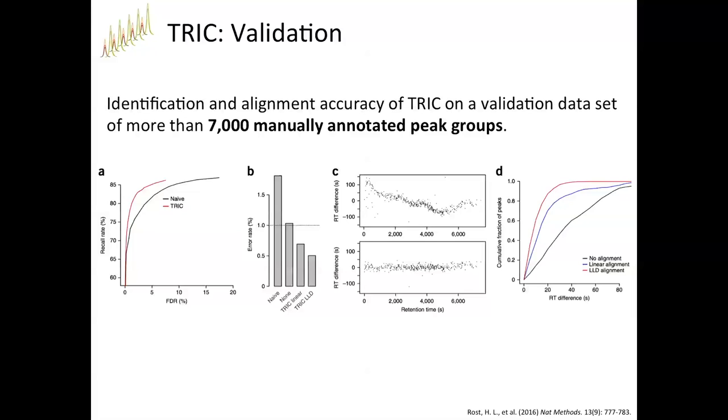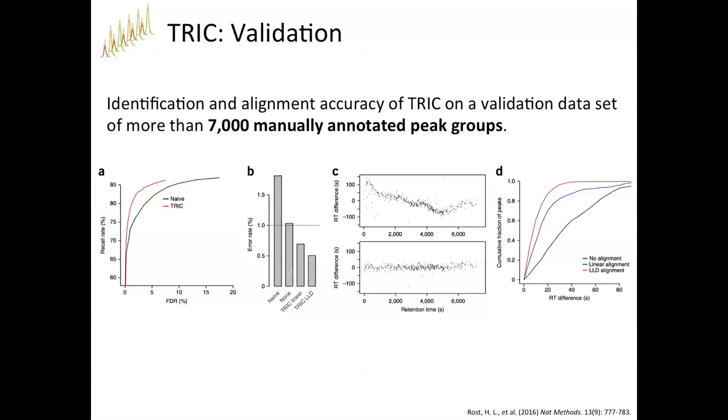So all of these 4 different modes were reported at 1% FDR, but in the naive analysis, the actual FDR in this manually annotated data set was almost 2%, while when you do the TRIC alignment, you go down with the FDR quite a bit, because you also remove peak groups that didn't fall within your retention time alignment. So these peak groups can also be kicked out.